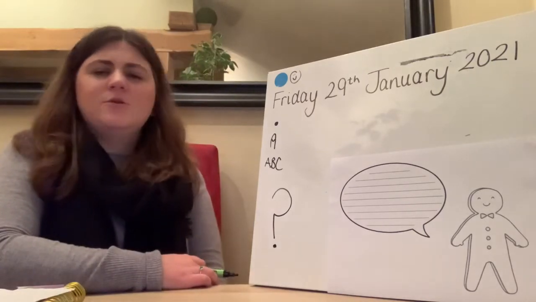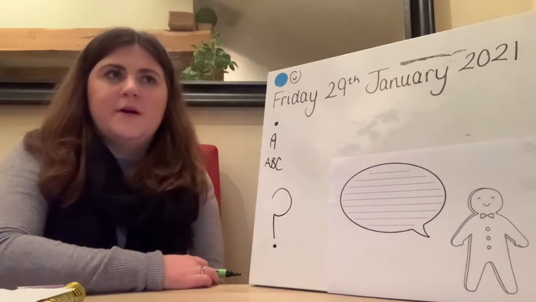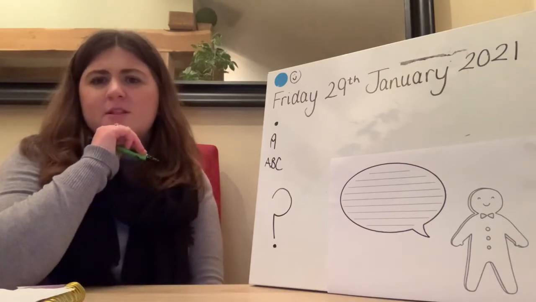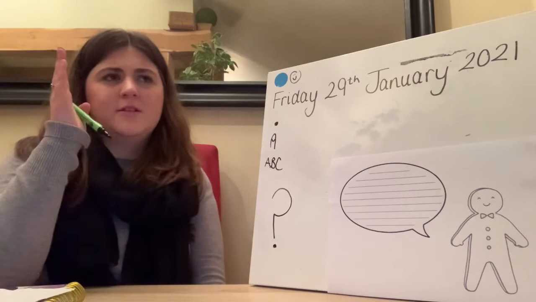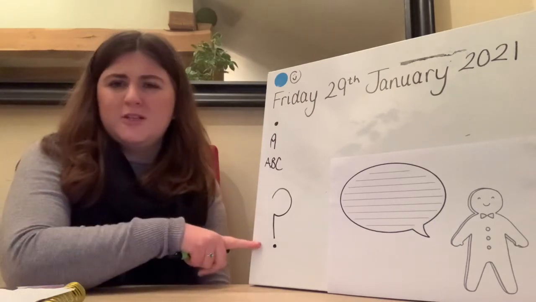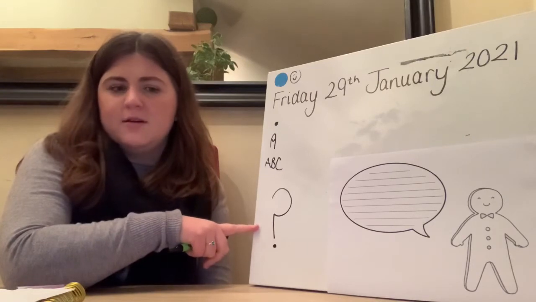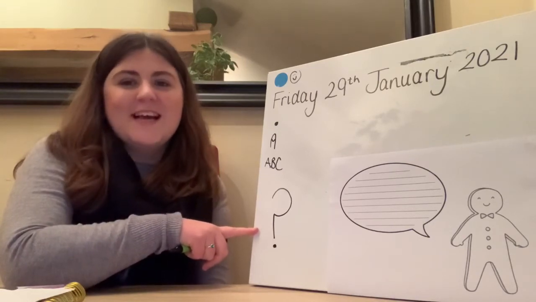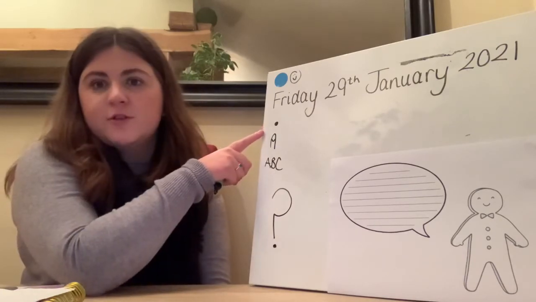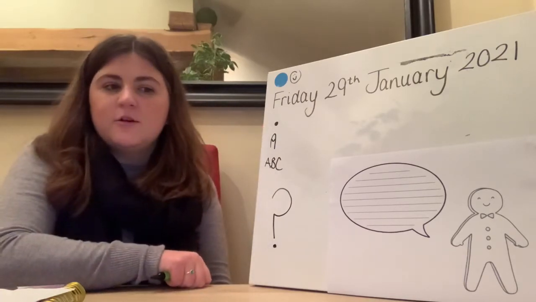Now, when do we use a question mark, you might think? Sentences start with a capital letter. We use our word and our space, and we finish our sentence with a big full stop. So when do we use a question mark? Now, we can use a question mark instead of a full stop if we are asking a question.